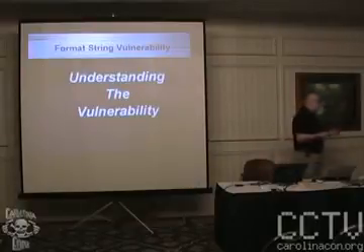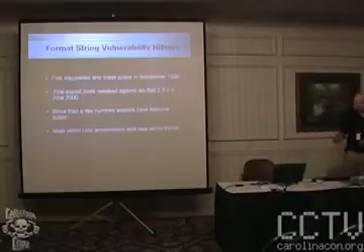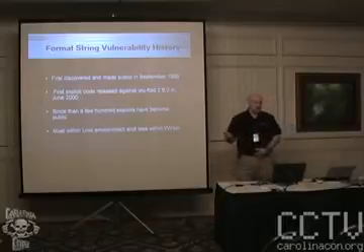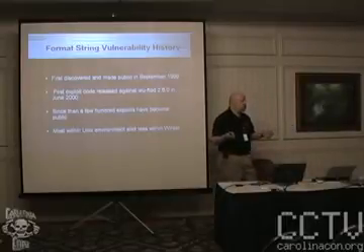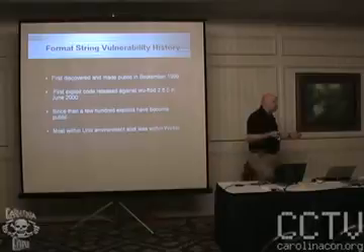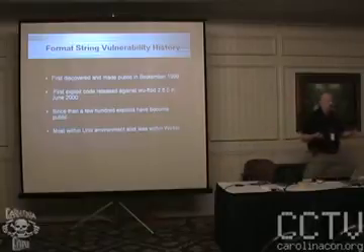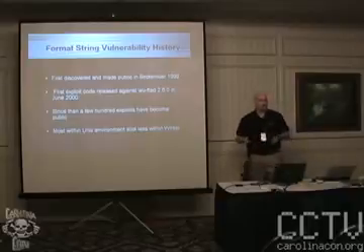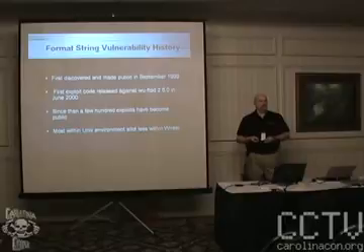So understanding the vulnerability: where does it come from? Well, the vulnerability was first discovered and made public in September 1999. The first exploit code was released in 2000, and it was for WFTP 2.6. Since then, maybe 300 or 400 format string vulnerabilities have been made public.